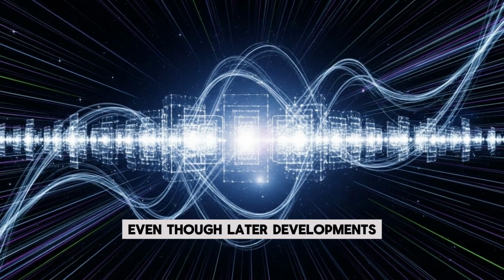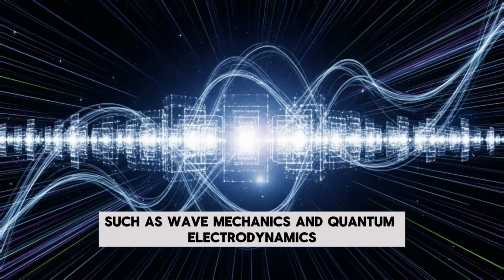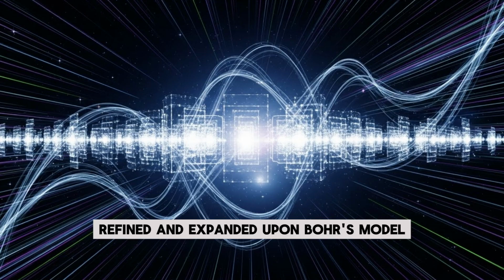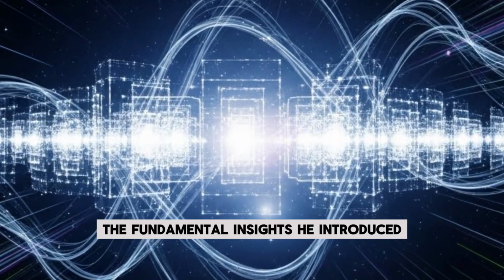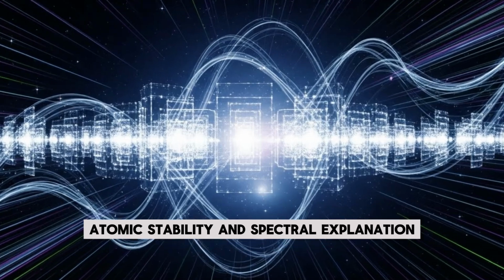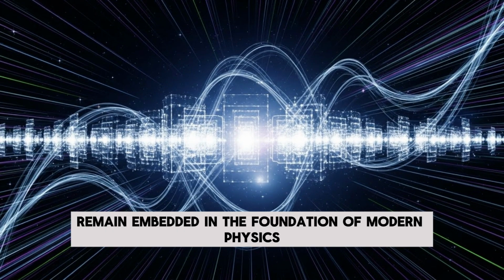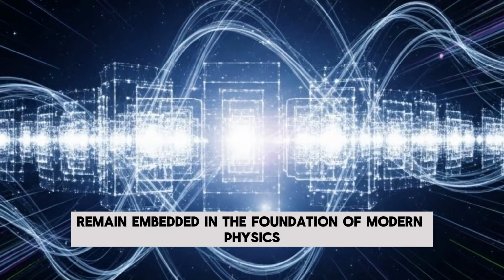Even though later developments, such as wave mechanics and quantum electrodynamics, refined and expanded upon Bohr's model, the fundamental insights he introduced, energy quantization, atomic stability, and spectral explanation, remain embedded in the foundation of modern physics.